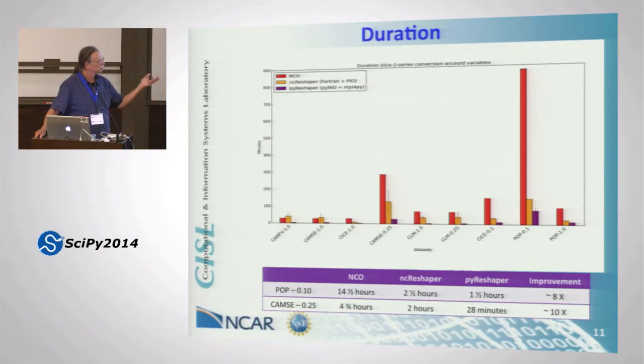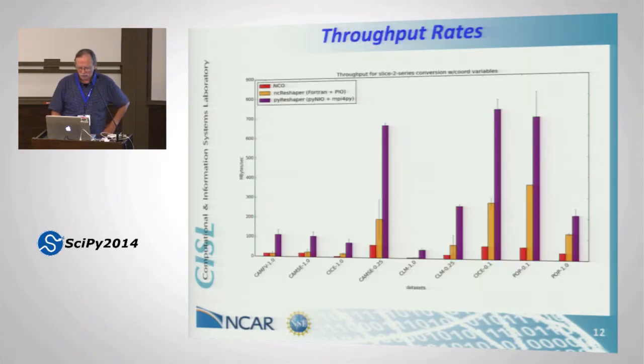Actually, since then we've made a few further improvements, and in this case it can be reduced even further. So those numbers are a little out of date now. So that's that same data as throughput, so now the big bars indicate better.